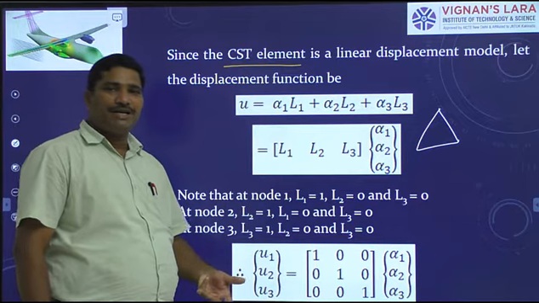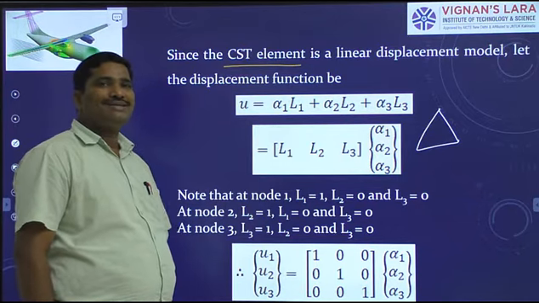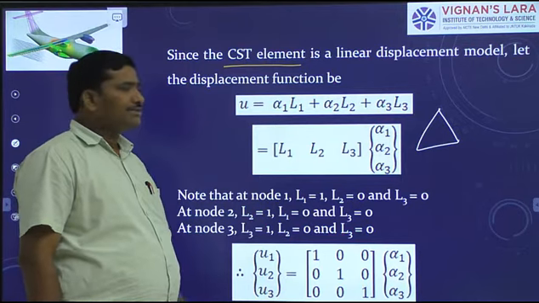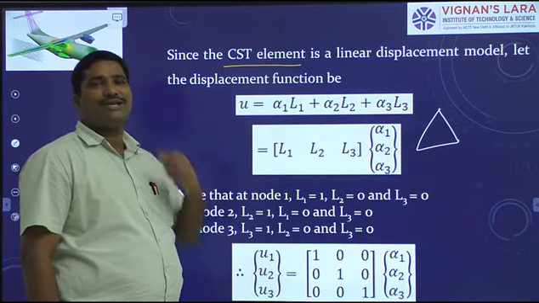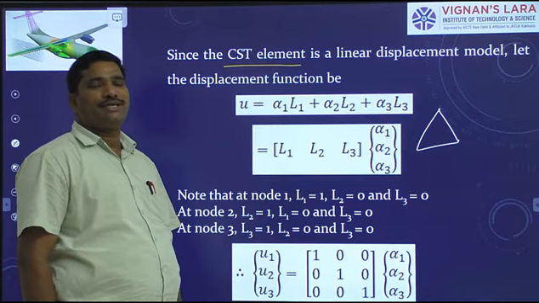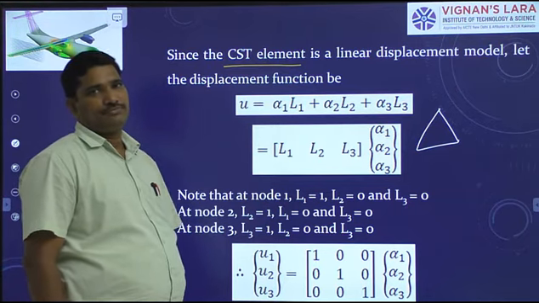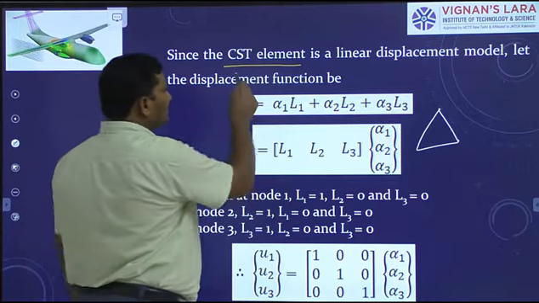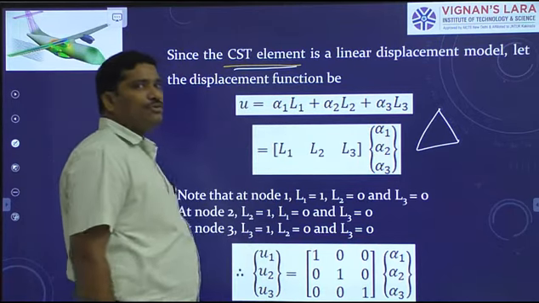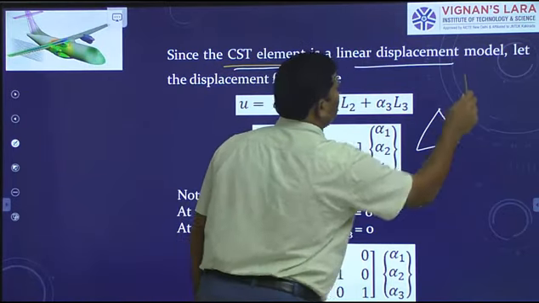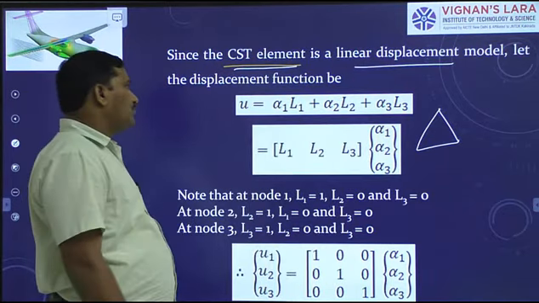When the displacement is linear, it results in constant strain. Hence, it is named constant strain triangle, or you can say linear displacement triangle. For the CST element, you can assume a linear displacement model.